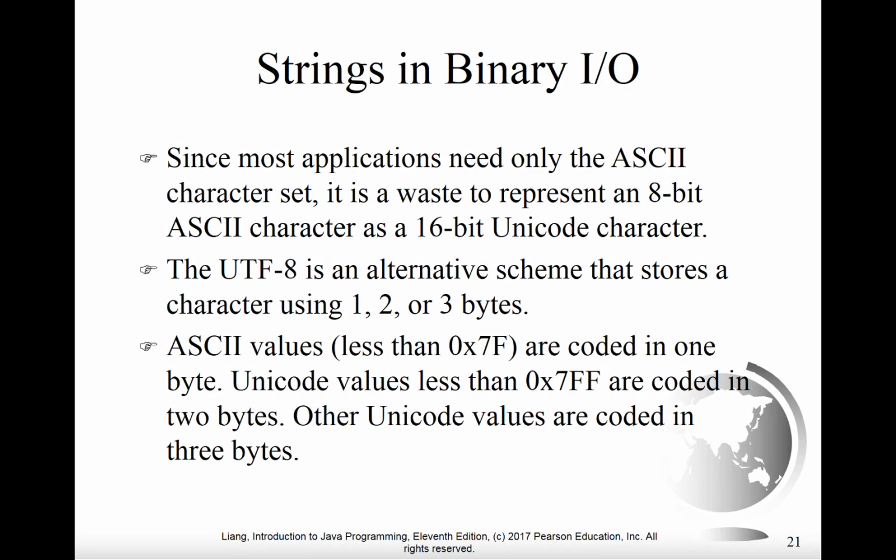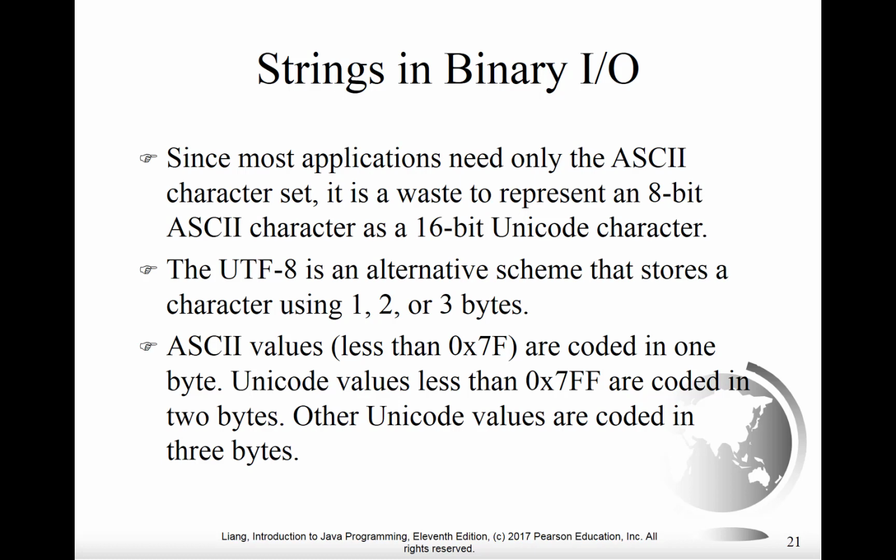This idea is described further on this slide, so you see that most of the time you only need ASCII characters, so it would be nice to have a system that allowed simple 8-bit representations, whereas at the same time, when more bits were required, it could use more bits as required. And you'll see how that encoding scheme works. You'll notice at the bottom of the slide it says ASCII values less than 0x7f.